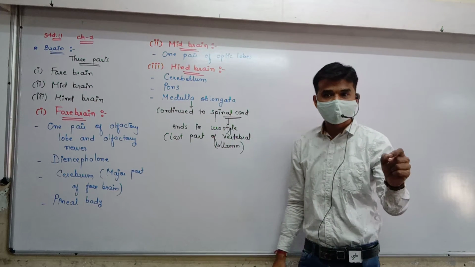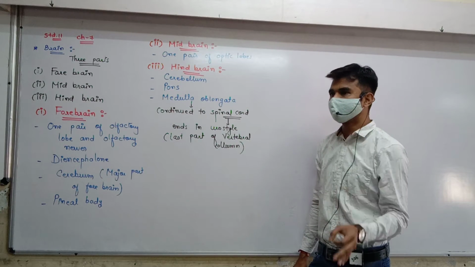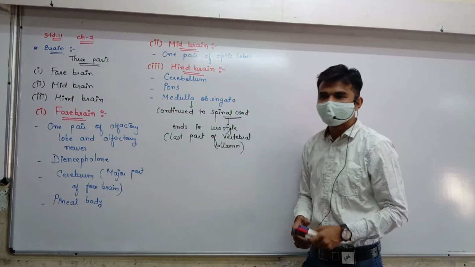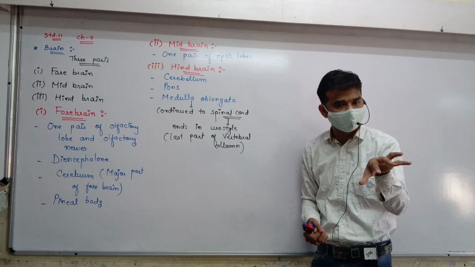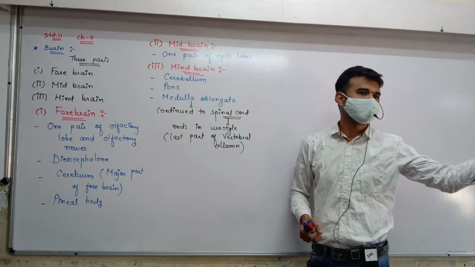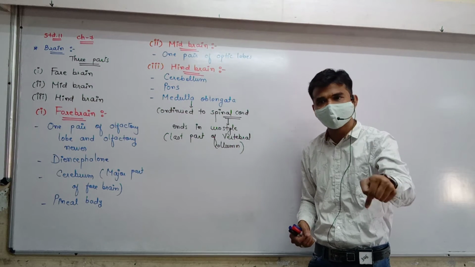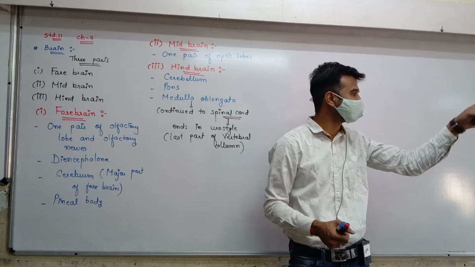All the voluntary activities of the body are controlled by the cerebrum. So the difference between the human being and the frog cerebrum is this: in the frog, corpus callosum is absent, and in human beings, corpus callosum is present. That I will show you in the 21st chapter at the time of the description of the brain.